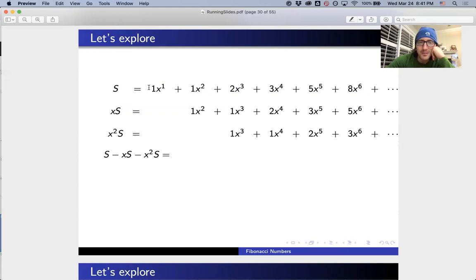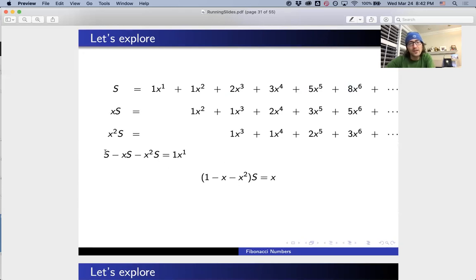Here I'm going to get 1x minus 0 minus 0. Here I'm going to get x squared minus x squared, and here I'm going to get 2x cubed minus x cubed minus x cubed. That's 0. Those cancel. What's happening is that when I subtract 5 and then subtract 3 from this 8, it cancels all the way down to 0.